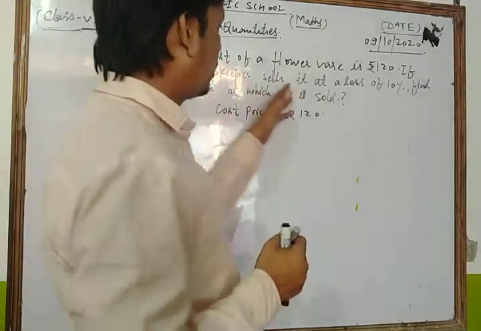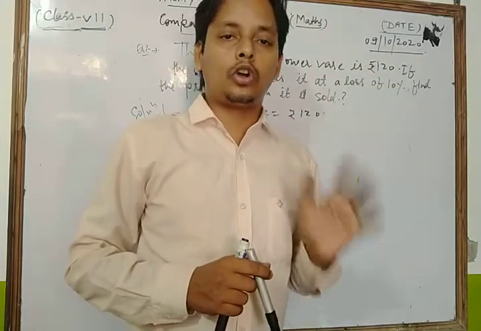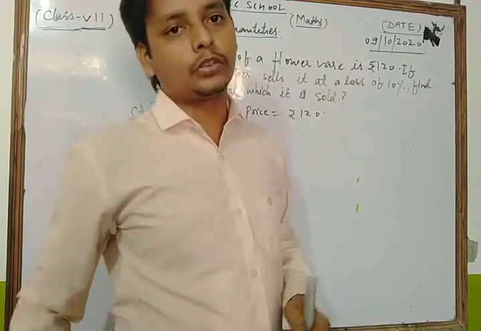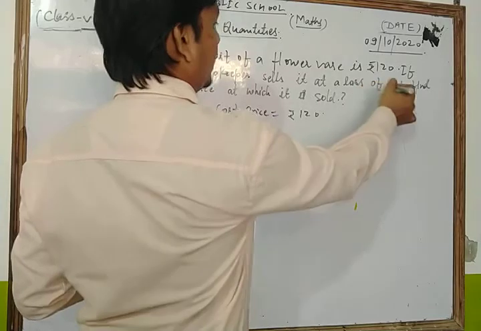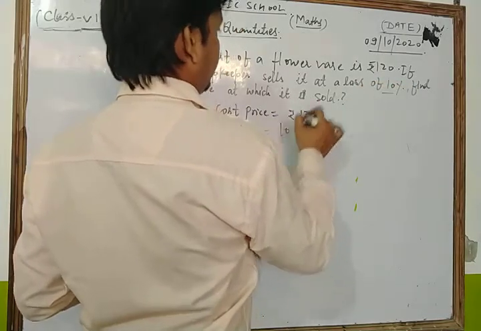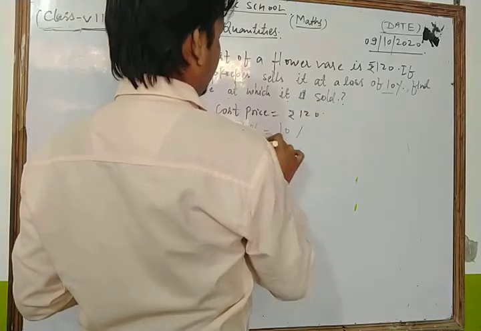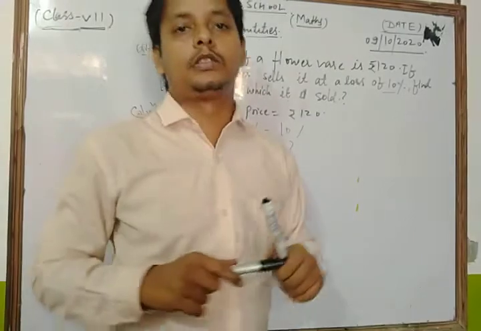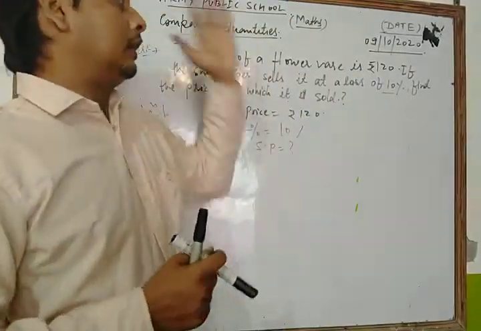If the shopkeeper sells it at a loss of 10%, means loss percent is given in that question, that is 10%, and find the price at which it is sold. Means selling price is to be found in that question. Now let's see its solution.